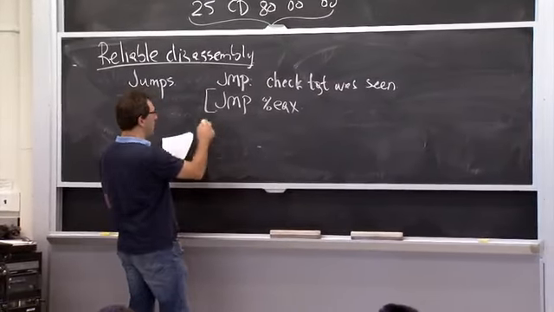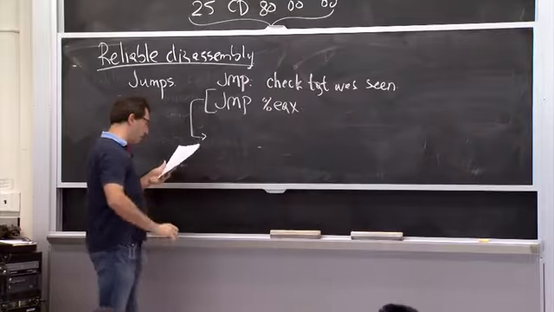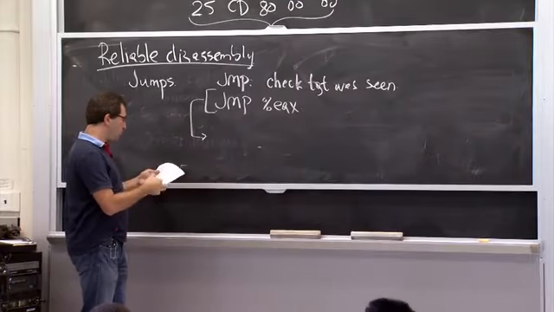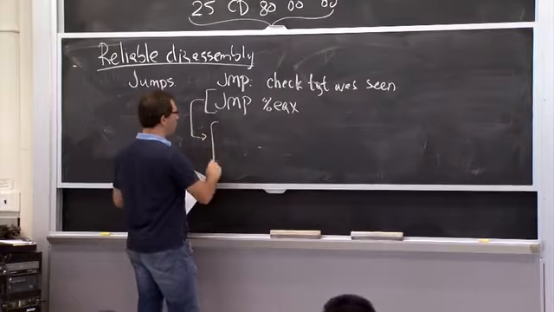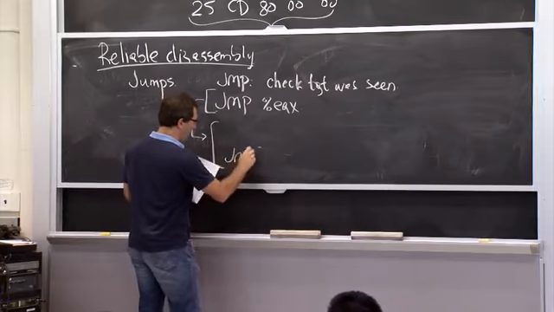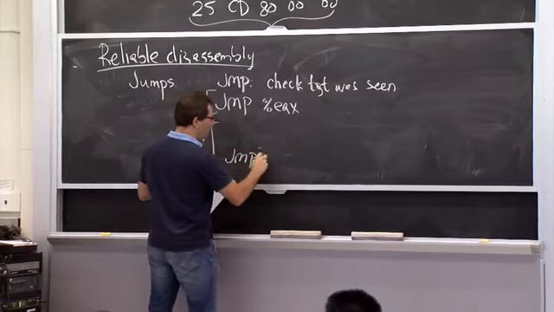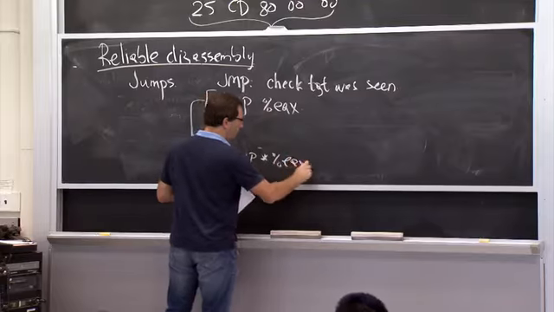And the way they do this is they change all the jump instructions into something that they call a pseudo instruction. So there's still that jump to the EAX register at the end.